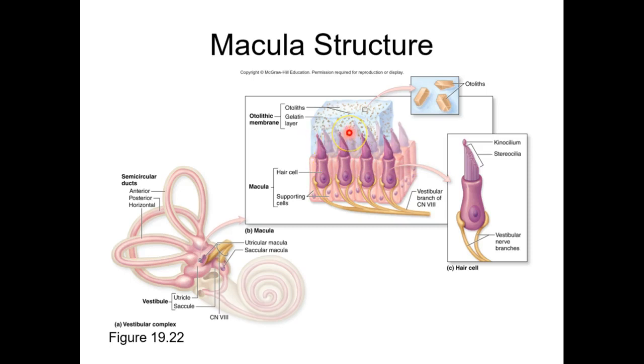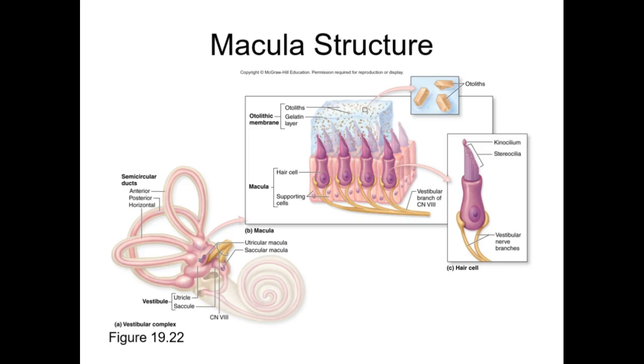And you do have these otoliths, these microscopic little calcifications that are like the fruit in the Jell-O, right? They kind of help weigh it down so that it's going to shift a lot more. So when that Jell-O shifts, it's going to bend the stereocilia and the kinocilia, and that physical bending, that physical deformation, is going to cause action potentials to fire along that sensory receptor. And that's going to give you head position.